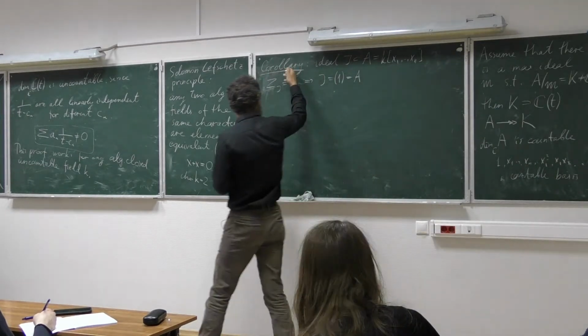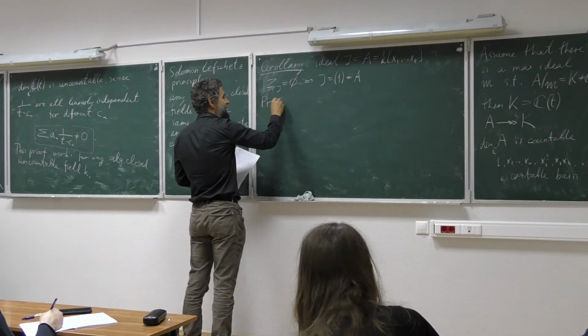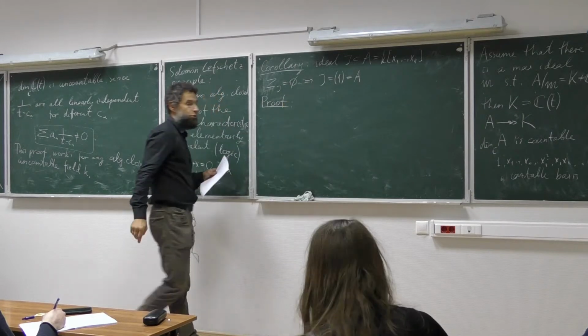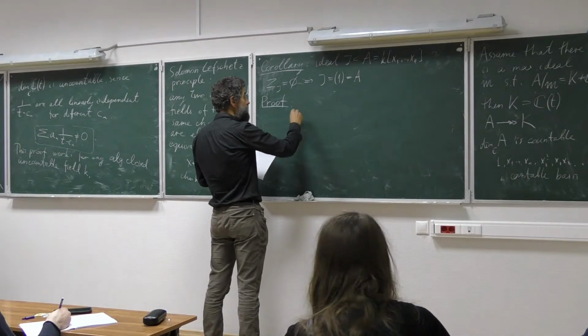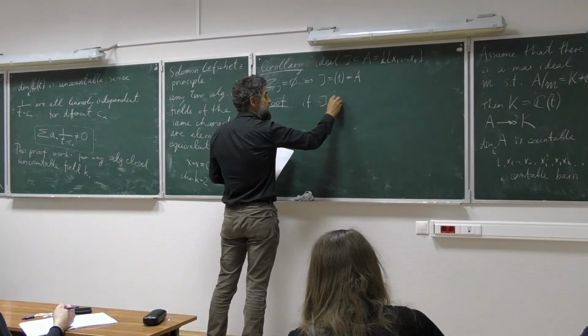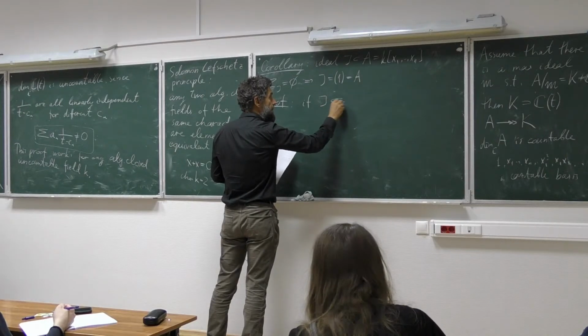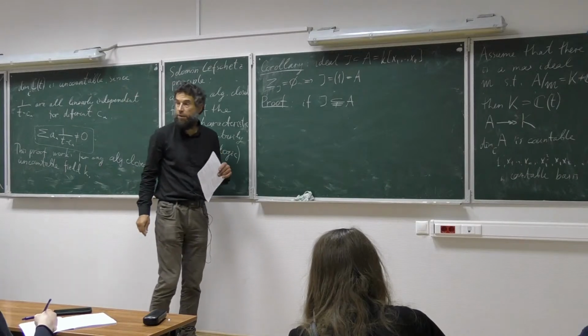And this is already maybe closer to some of the standard formulations of the Hilbert Nullstellensatz. So the proof is very simple. If J is strictly smaller than A, then it is contained in some maximal ideal.